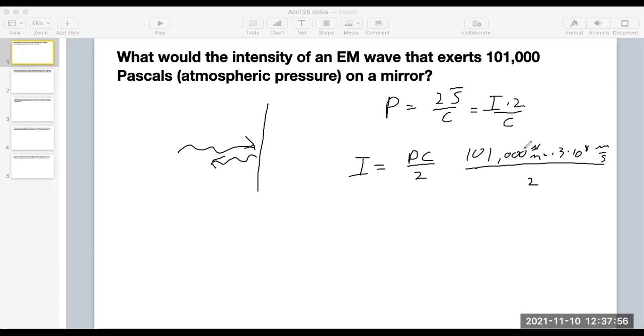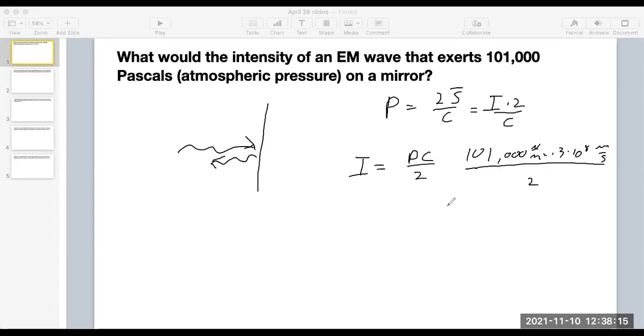So we've got newtons per meter per second, or newton meters per meter squared per second, or joules per meter squared per second, or watts per meter squared.